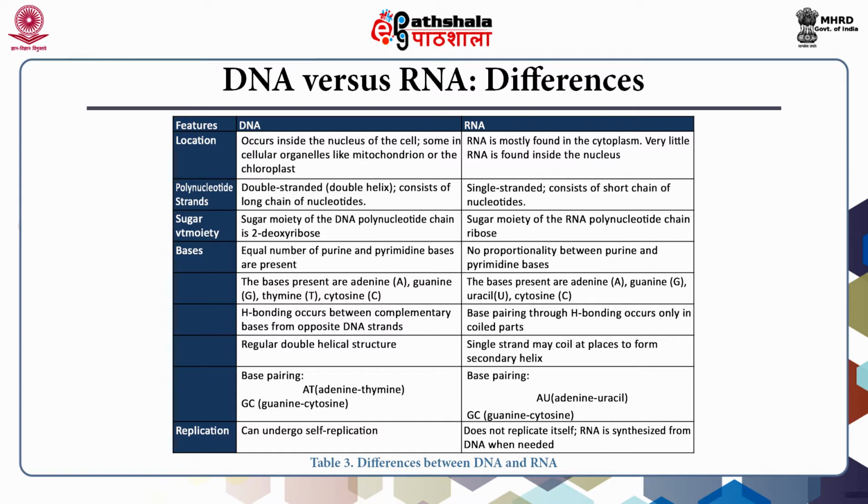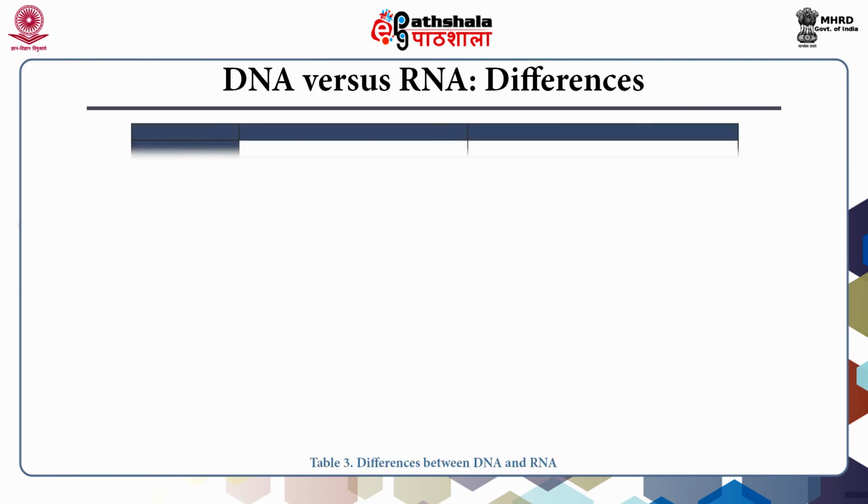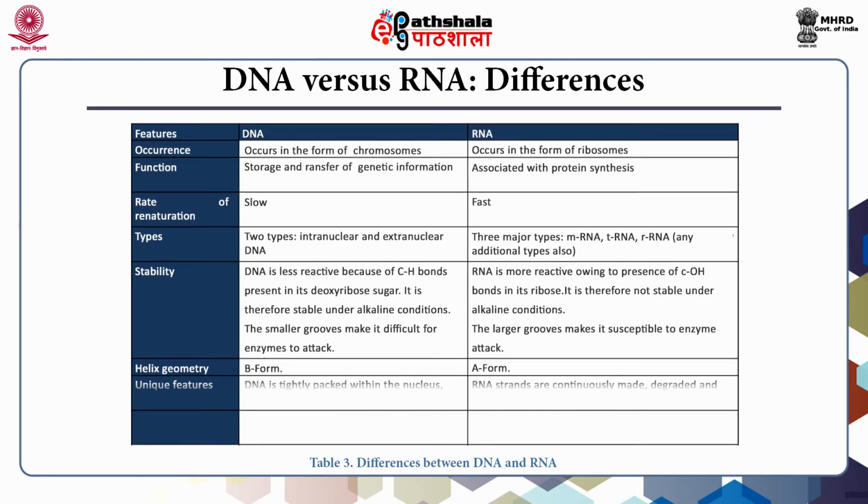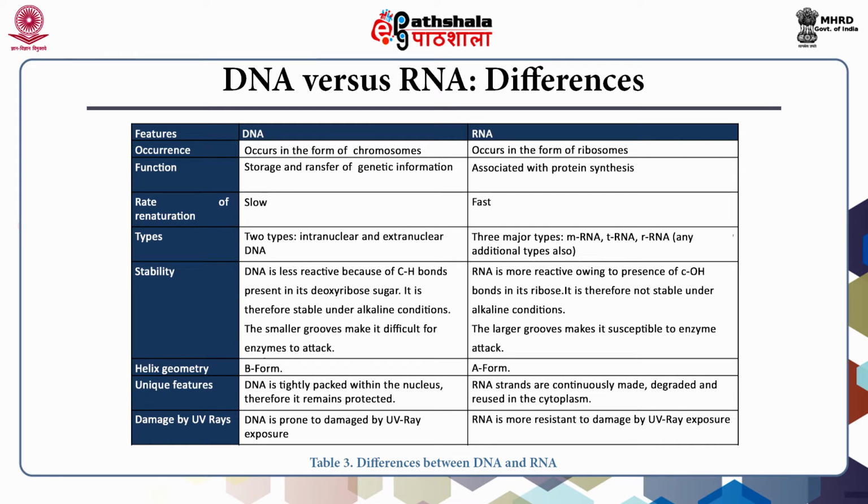Bases in DNA are A, G, T, C, while in RNA these are A, G, U, C. DNA can undergo self-replication, while RNA does not self-replicate, but can be synthesized from DNA when needed. The function of DNA is long-term storage and transfer of genetic information, while RNA directs protein synthesis.